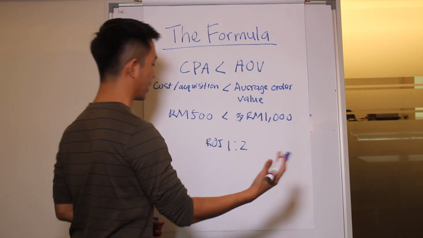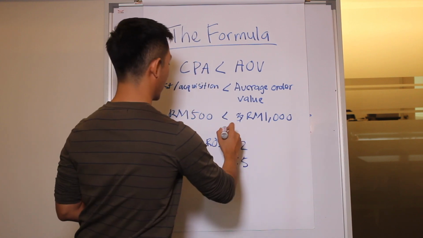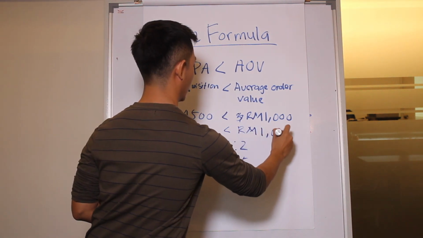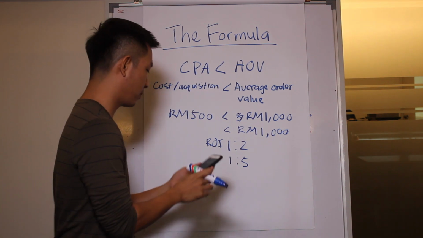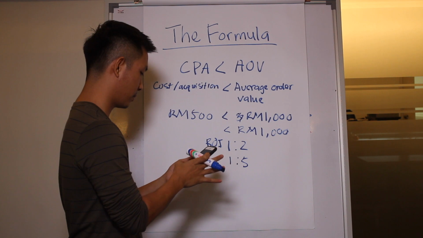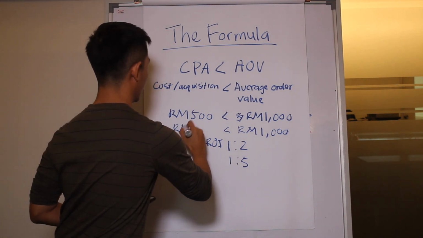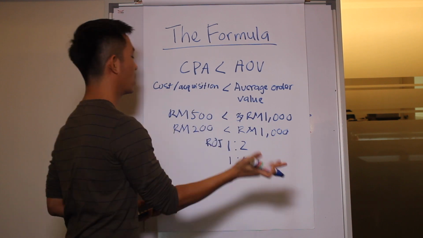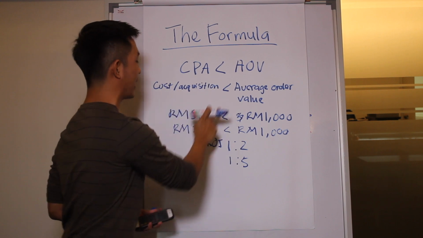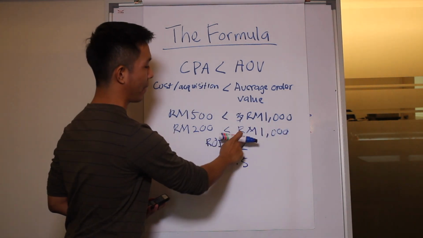Let's say you want an ROI of 5x. So it will be 1,000 divided by 5, so it's RM 200. 200 is the maximum cost per acquisition that you can use to buy a customer in order for them to pay you this.